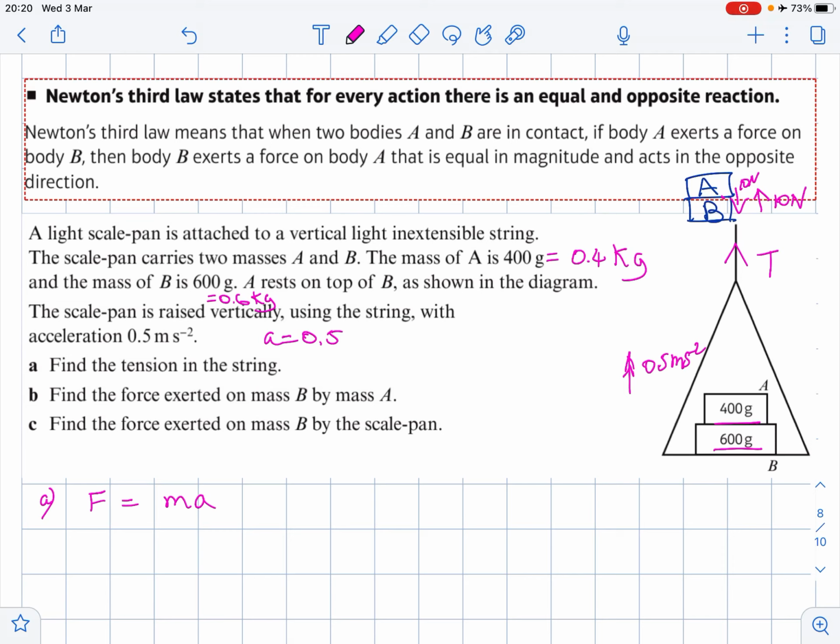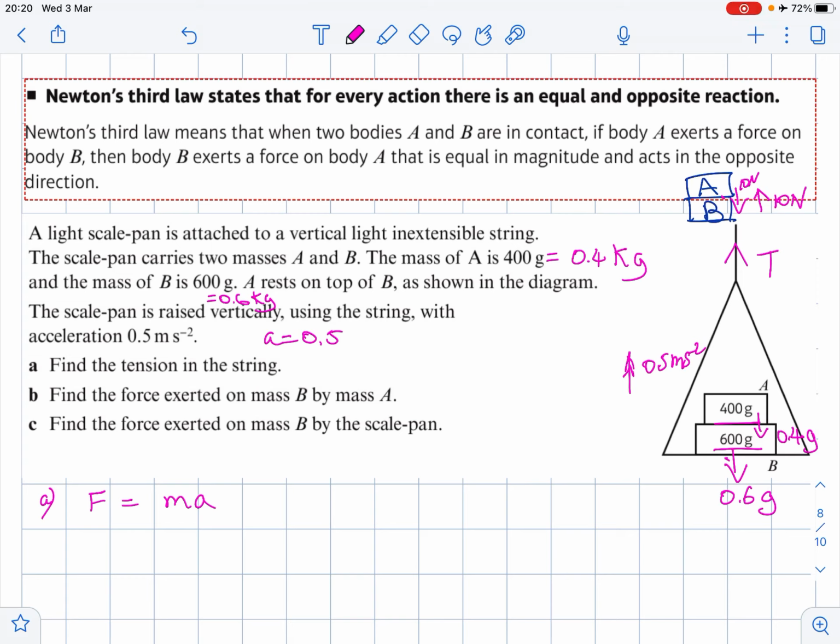And what's pulling it down? We have the weight going down. A has 0.4g, and for the second block it's 0.6 multiplied by gravity. So weight is pulling it down, and tension is pulling them up.